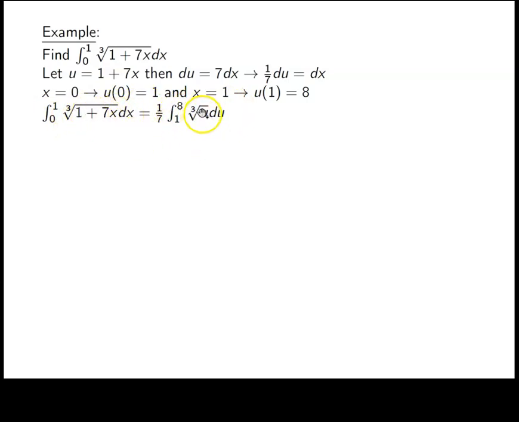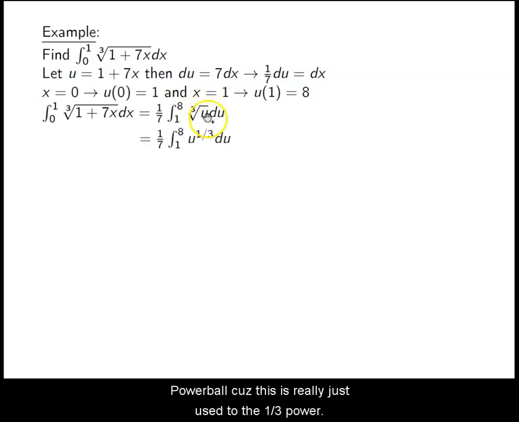So this is the power rule, right? Antiderivative for the power rule, because this is really just u to the 1/3 power. So I can rewrite that as a power. And so this integral becomes 1/7 times, so if we add 1 to this, 3/3, this turns into 4/3, so we multiply by the reciprocal.